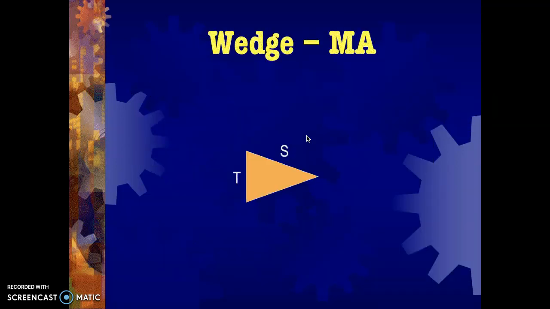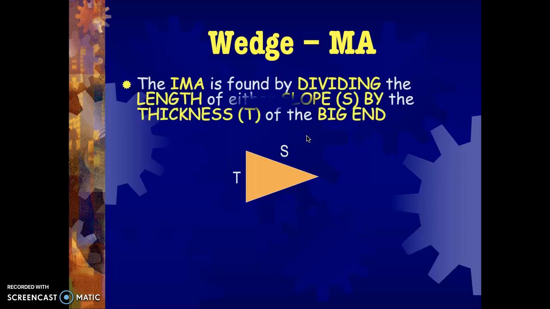Mechanical advantage is simply dividing the length of either slope. So again, we're taking the slope of our inclined plane, and we're going to simply divide that by the thickness of the wedge, which is the letter T in this picture.